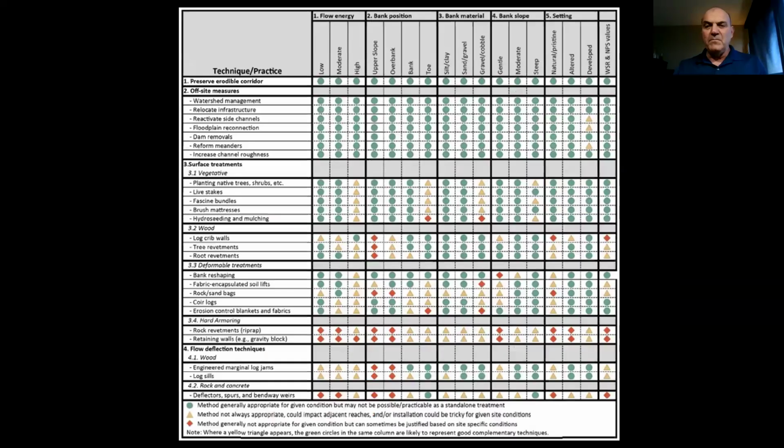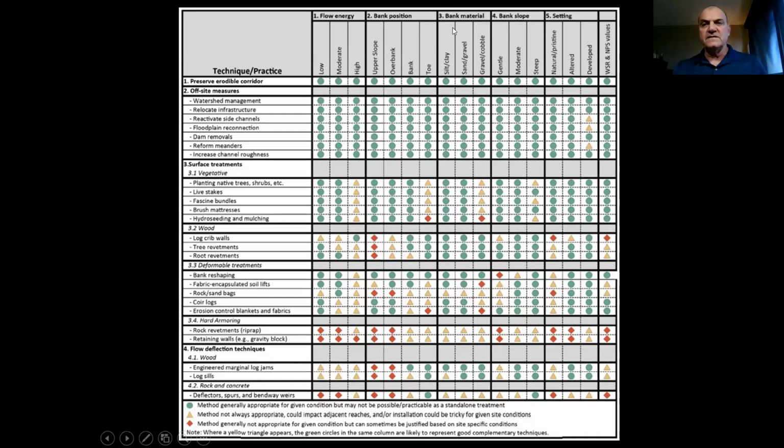Now, there might be multiple techniques under consideration, and then you have to get into the details of the particular site. Is this a high energy system, steep high energy? Are we looking at treating the upper bank or the toe of the bank? Is this sandy material or clay material?